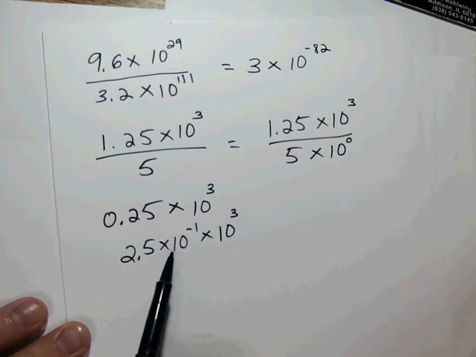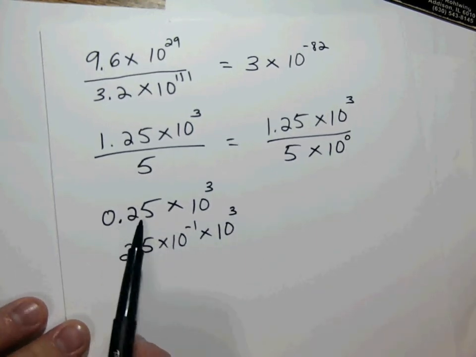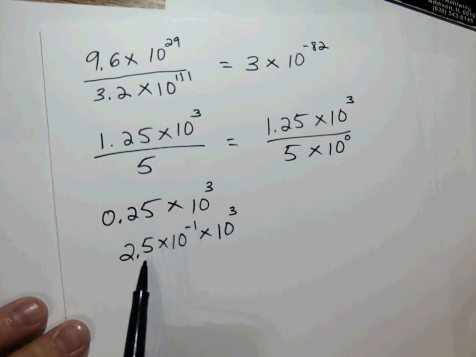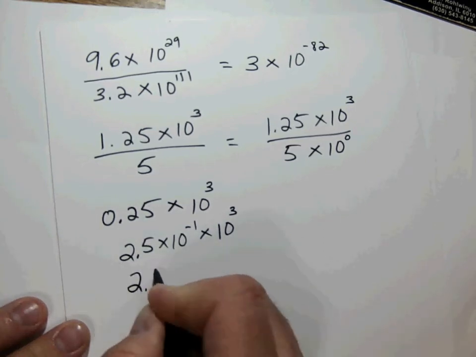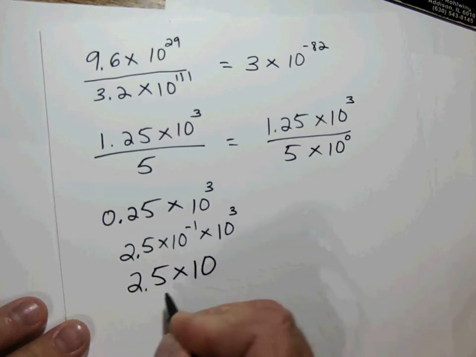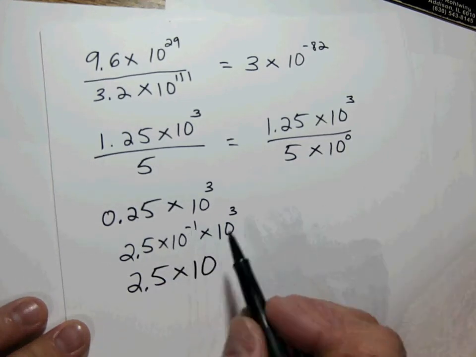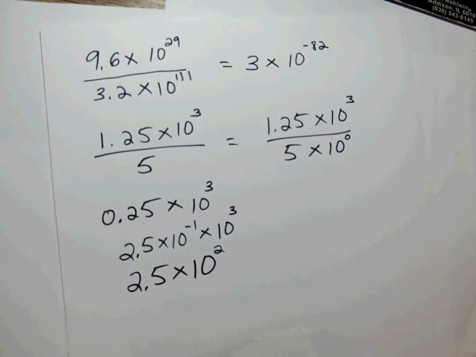Okay, where did I get from here to here? That decimal, I want it to be there, so I have to multiply by 10 to the negative 1 to make it equivalent. So it becomes 2.5 times 10 to the, I'm adding those two exponents, 2nd power. Okay? All right. That was example 6.